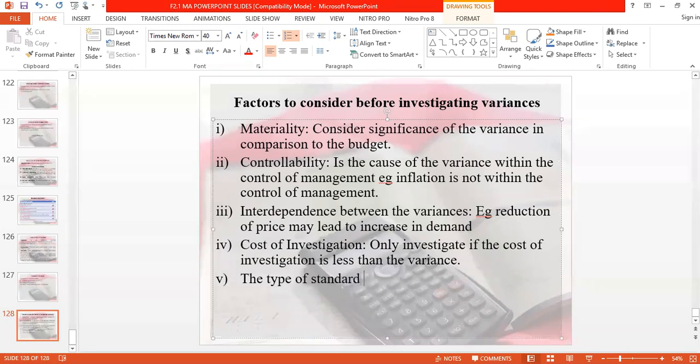Next, maybe the type of standard set. Another factor to be considered is the type of standard that has been set.